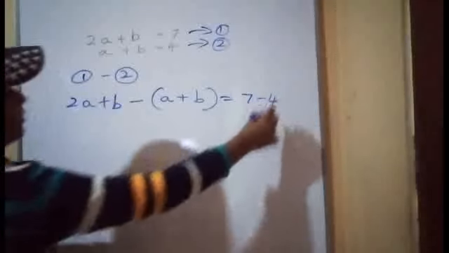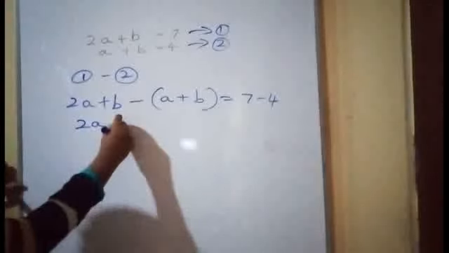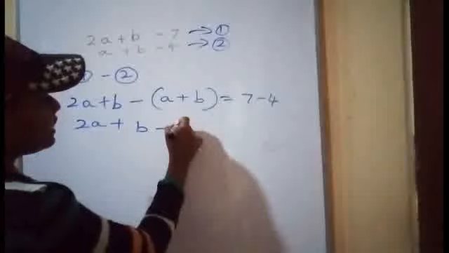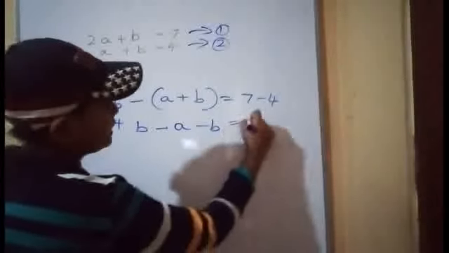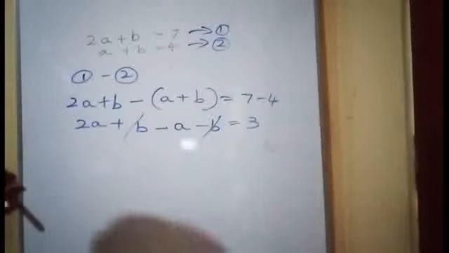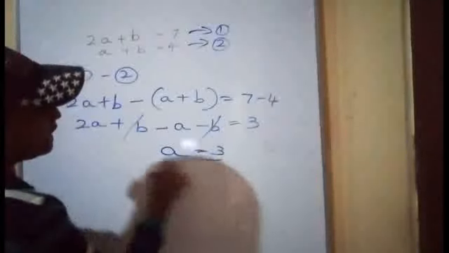We get 2a subtract a, and the b cancels on both sides, so a is 3.